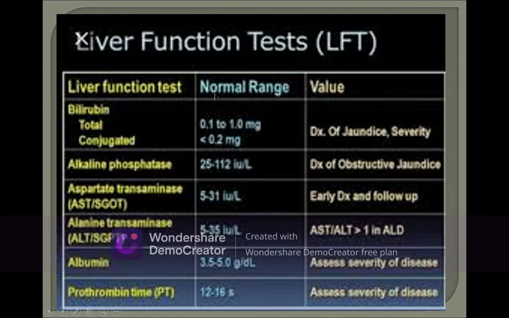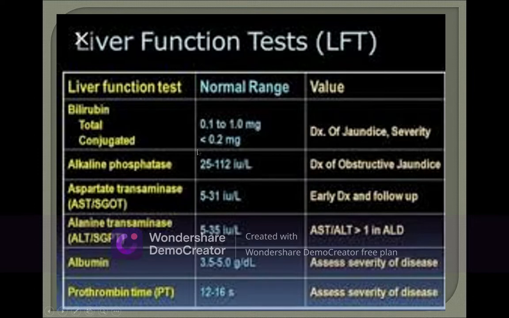In cases of the prehepatic type of jaundice, prehepatic jaundice means hemolysis occurs. What happens is that the bilirubin will definitely be increased to 3 milligram, 4 milligram, because unconjugated hyperbilirubinemia occurs.